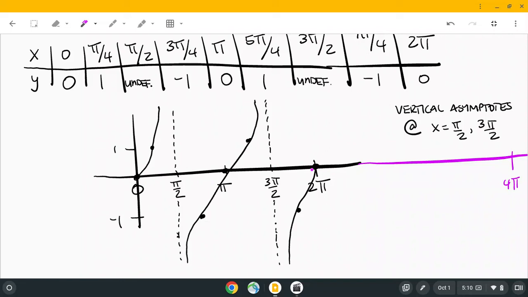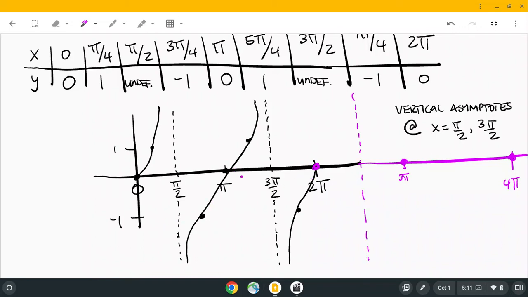On the endpoints, we have 0. So that's 0 here and 0 here. Halfway in between, and this is going to be 3 pi, I also have 0. And then halfway between here, I have a vertical asymptote.